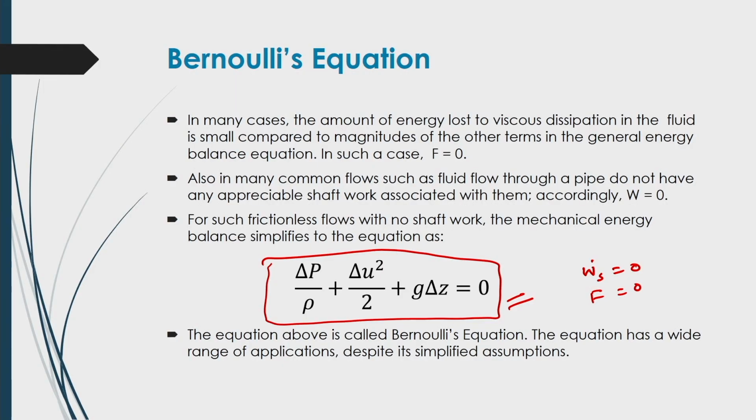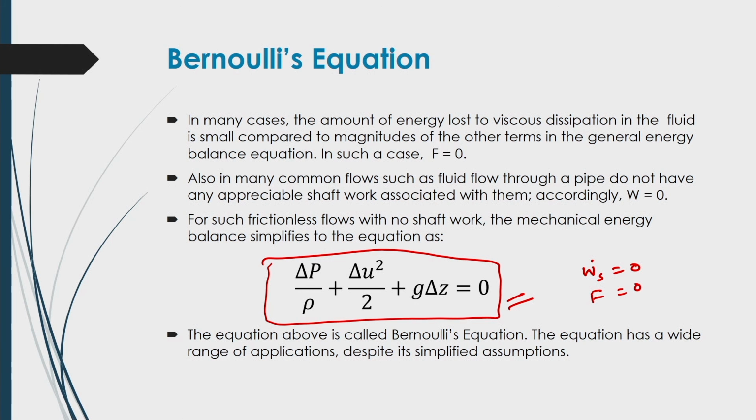The simplified form of the mechanical energy balance gives you Bernoulli's equation. The summation of the pressure energy, kinetic energy and potential energy change equals 0. What does it mean? The summation of these three energies will be constant.